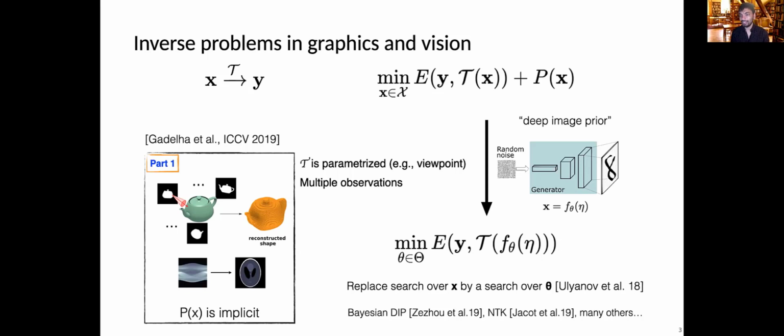But the main advantage is that now you can replace p of x using a parameterized neural network family, and the optimization becomes easy to solve. But that can only be done if the function t is also differentiable, because we would like to backpropagate through the error function. It turns out that there are lots of scenarios, especially for shape reconstruction, where t indeed is differentiable.